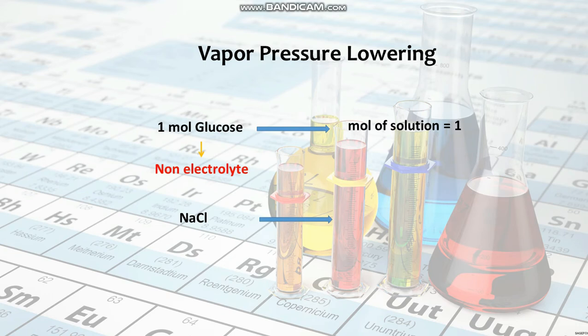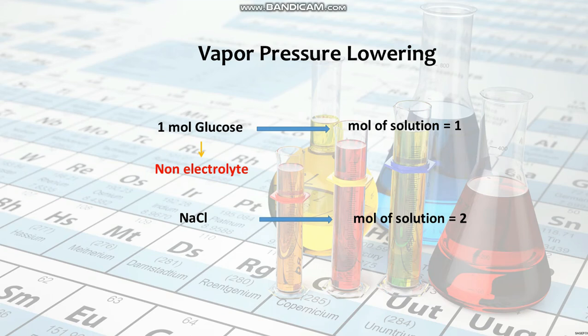So when you are calculating the mole fraction of water, you need to incorporate that somehow. So the moles of solute particles is not 1 mole of sodium chloride. In fact, it's 2 moles of ions.